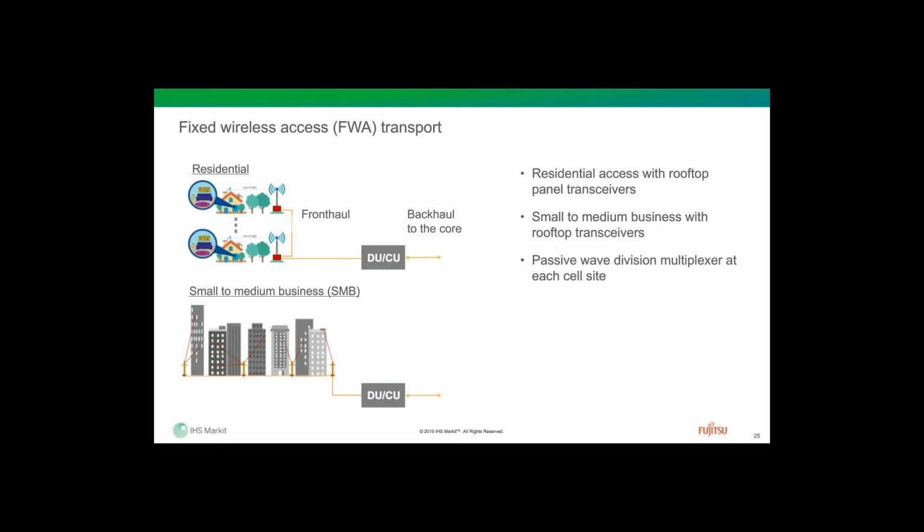These arrays will interconnect to neighboring cell sites that are on utility poles. These utility poles will have passive WDM for transport, as I mentioned previously, as one of the optimal transport methods, transporting multiple sectors of traffic across the network to the distribution or combination distribution central unit devices or network elements in the RAN. The cell sites interconnect to these DUs via the semi-passive transport system.